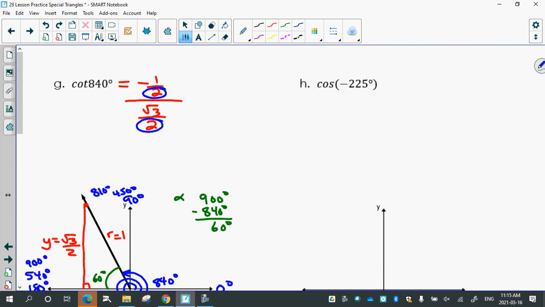So I can divide them out now. So I end up getting -1/√3. And I could check that one using the identity that cotangent beta is 1/tangent of beta. So I could do 1/tan of 840 and then make sure it's the same decimal as -1/√3. And then I would know my answer was right. Okay?